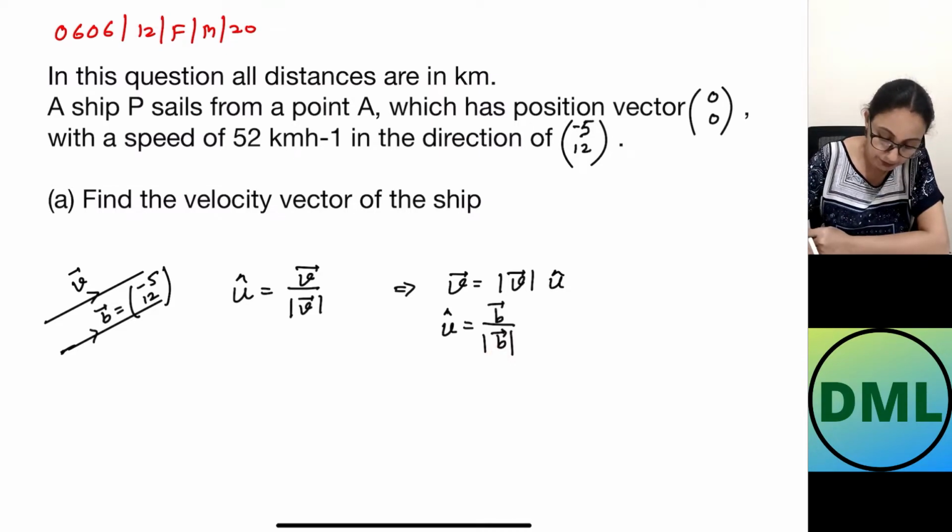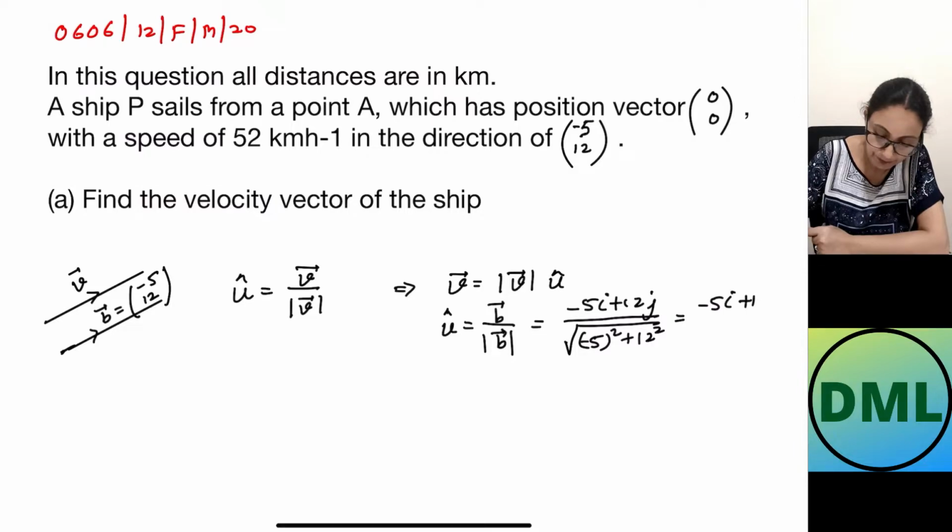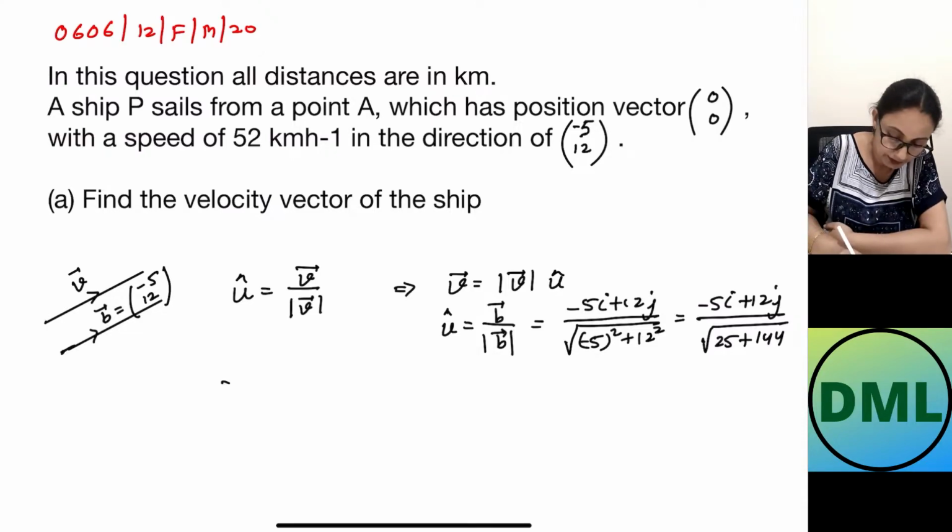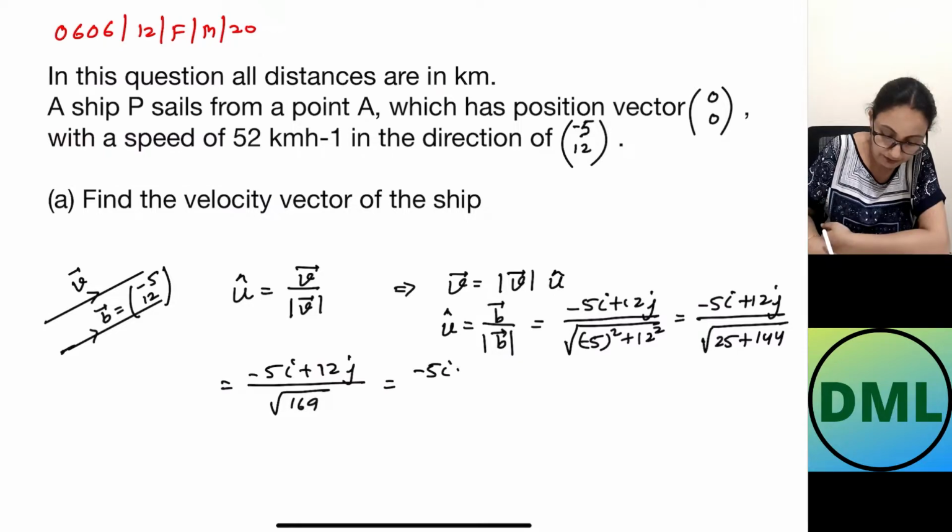That is (-5i + 12j) divided by root of (-5) squared plus 12 squared, which is (-5i + 12j) over root of 25 plus 144, equal to (-5i + 12j) over root of 169, so (-5i + 12j) over 13.